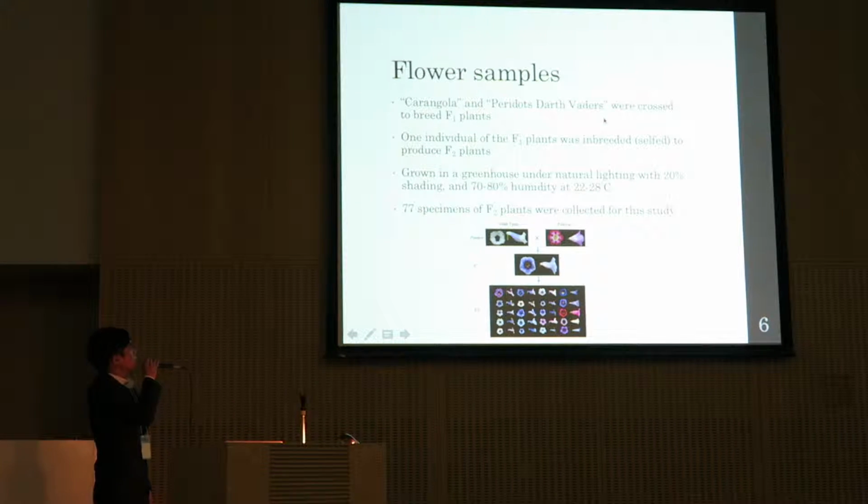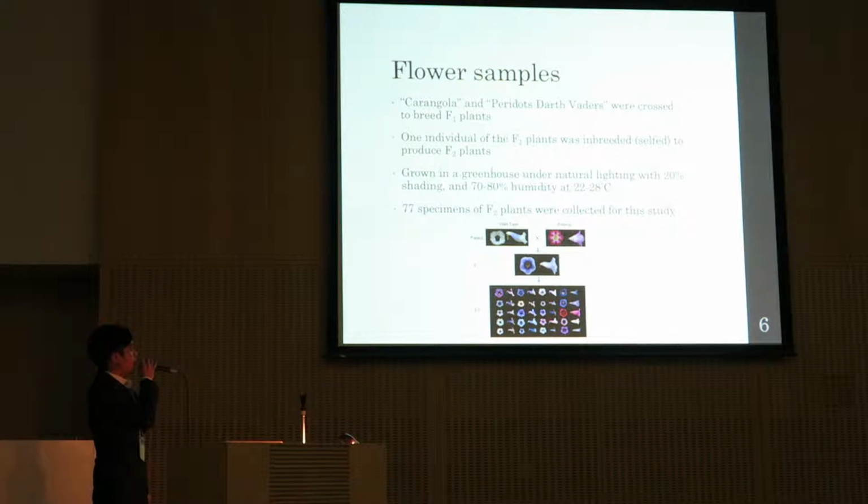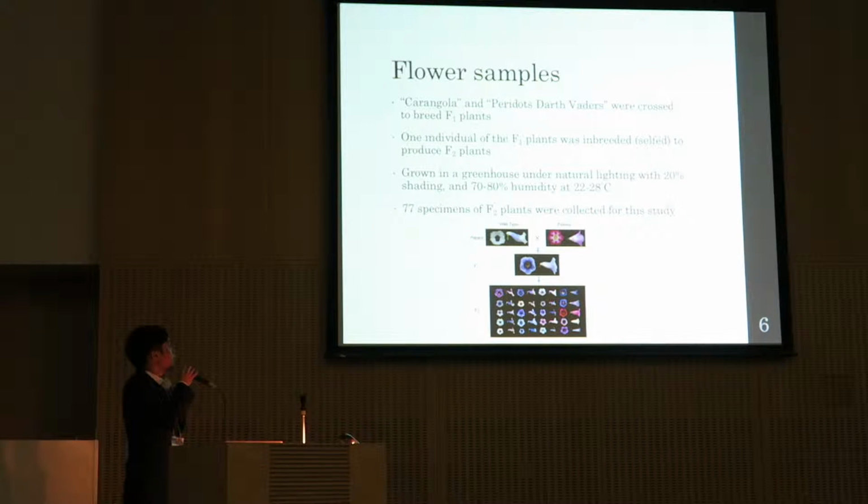So, two cultivars were crossed to breed first generation plants called F1 plants. And then, as in the picture here, one individual of the F1 plants was inbred to produce F2 plants.